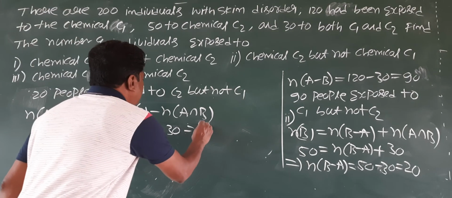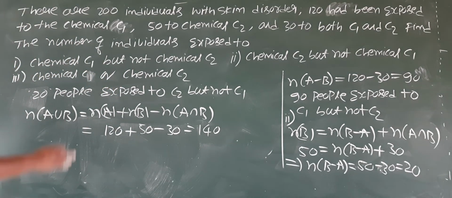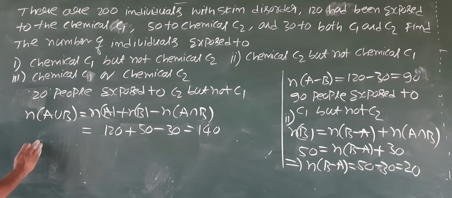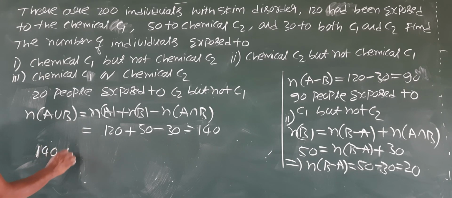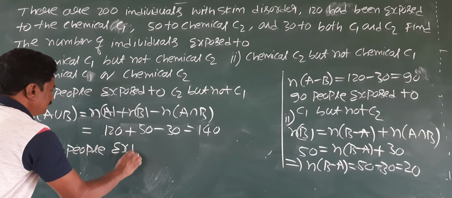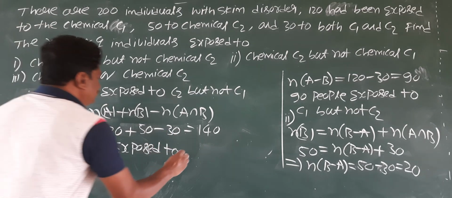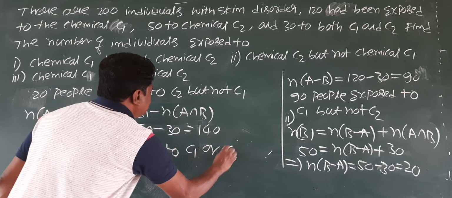So 120 plus 20 is 140 people exposed to chemical C1 or C2.